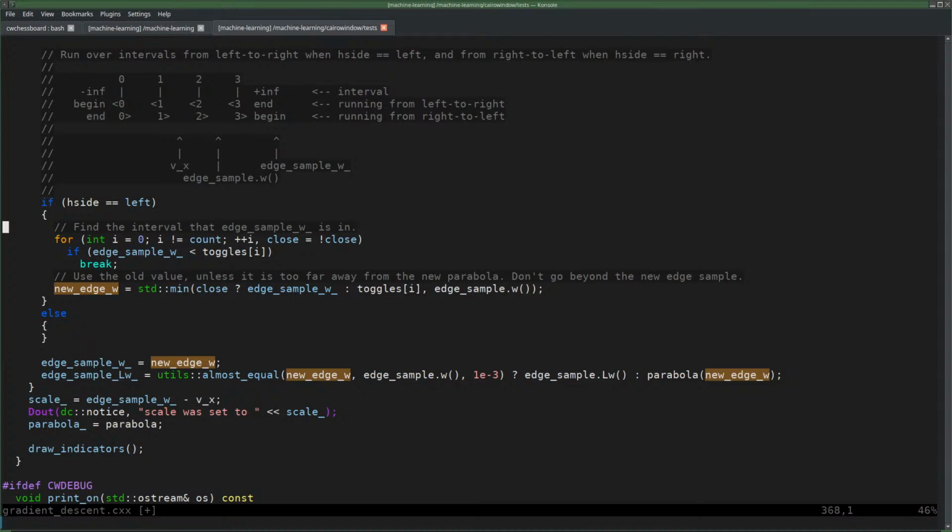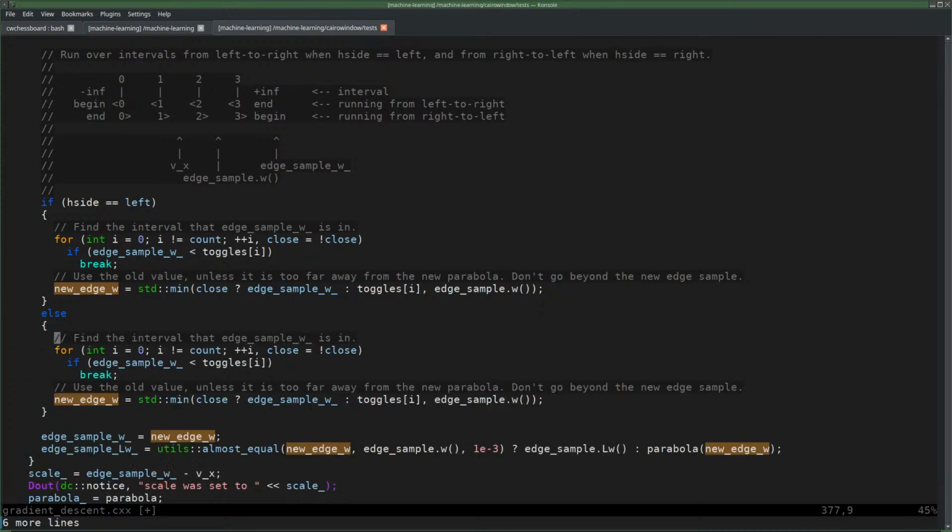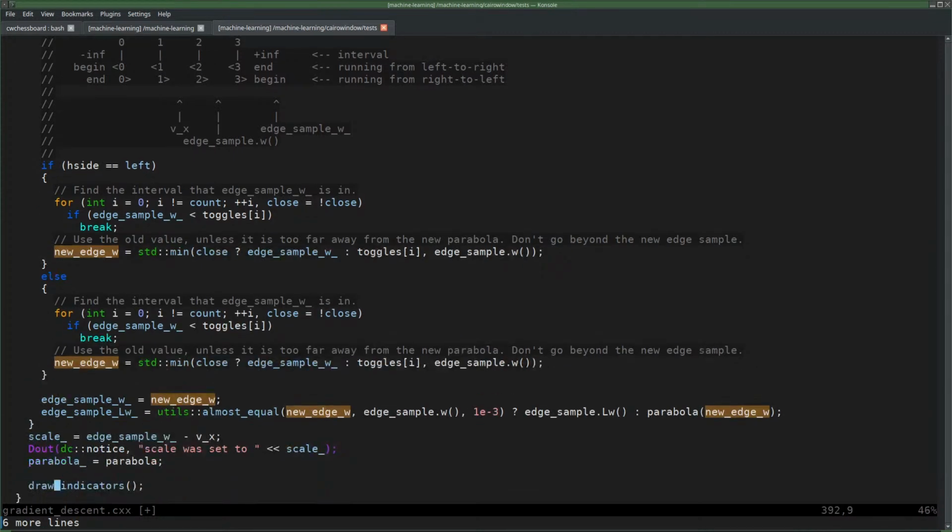Right, and I can do code duplication because now we go right to left, which means I start at count -1. We continue until -1.